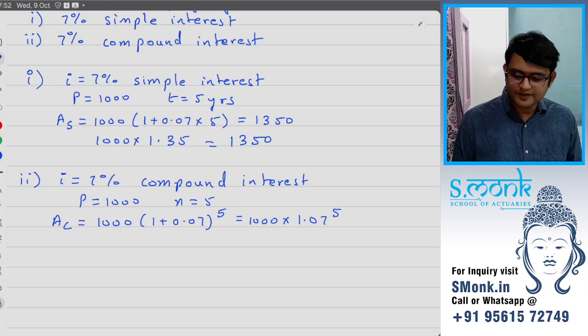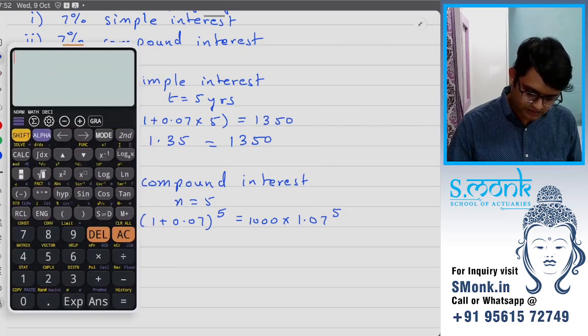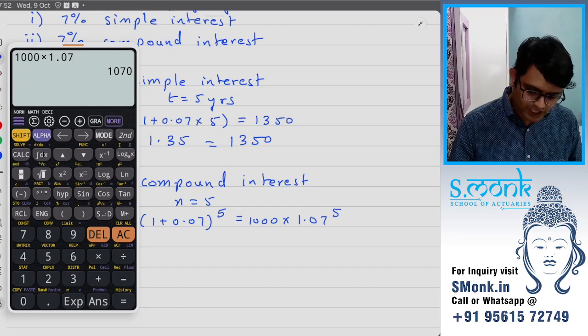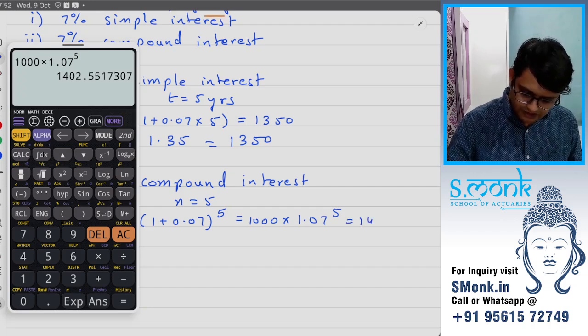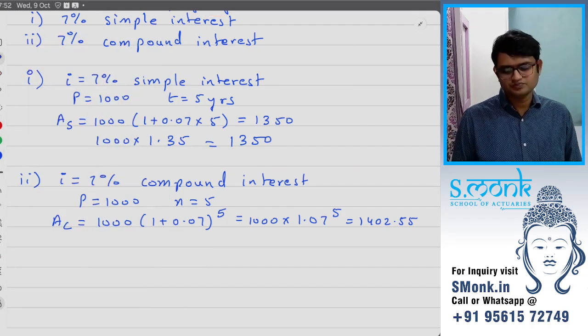Maybe you can, but it will be very lengthy and time consuming, right? So with a calculator we can do it very quickly. I'll talk about calculators later. We are going to use scientific calculators and I'll talk about how to use them later. Right now let's just get this answer. Is that correct?